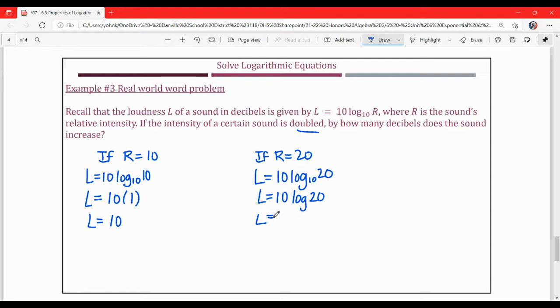If I type in 10 log 20 on my calculator, I got 13.01. So how many decibels does the sound increase? It's increasing from 10 to 13.01. If we subtract them, we can say it's about 3 decibels.